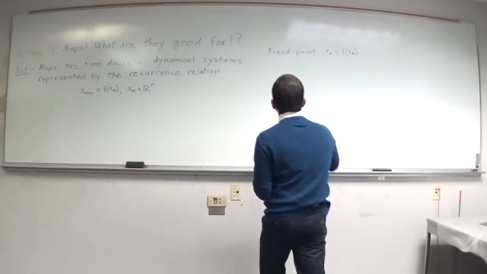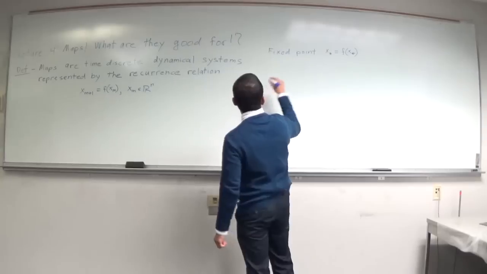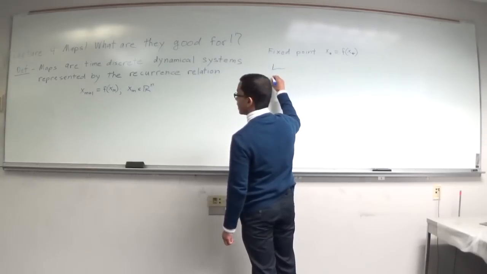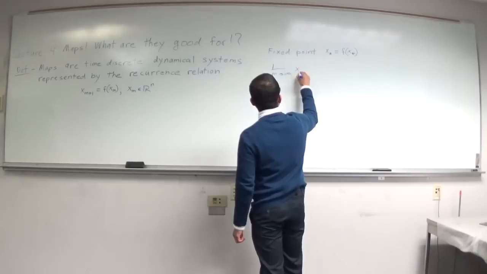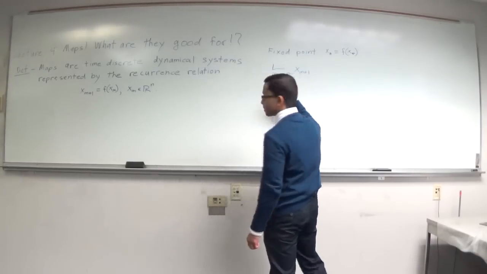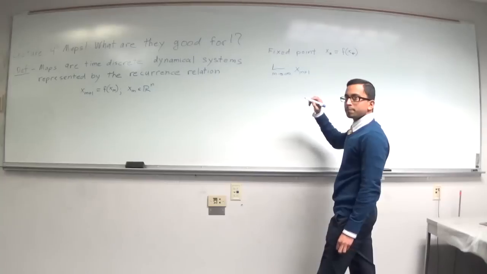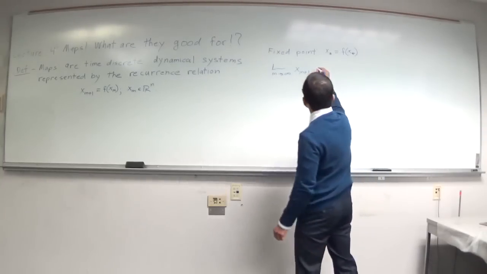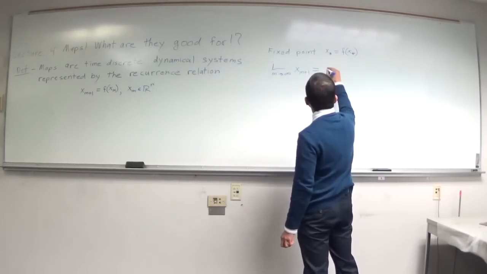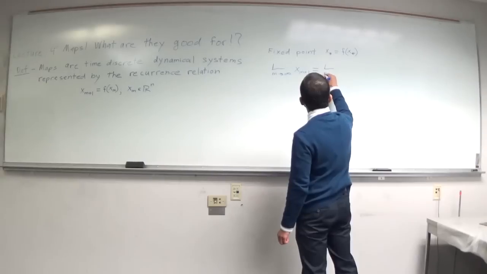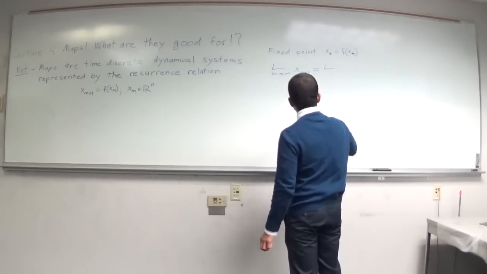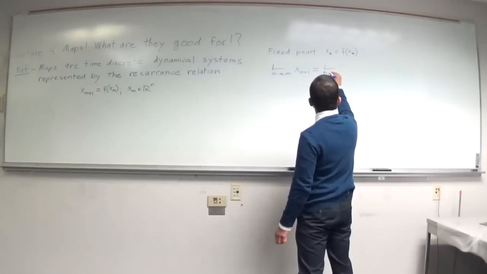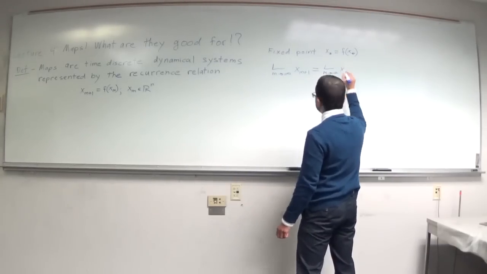So let's take the limit as m goes to infinity of x_{m+1}, right? But then this is going to equal the limit as m goes to infinity of x_m, right?